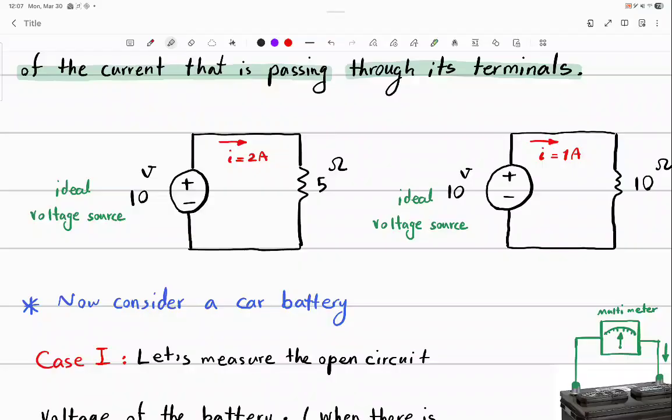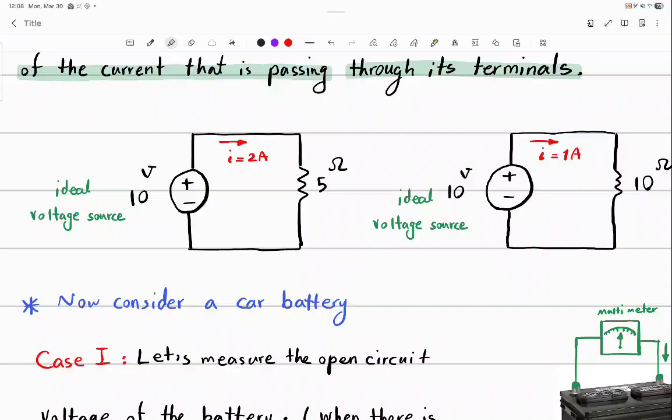Not ideal, practical. How can I model them? If the voltage across the terminals of that creature changes, it means that inside it there is something that responds to change in current, and hence the voltage across it will change. What kind of element has this behavior?